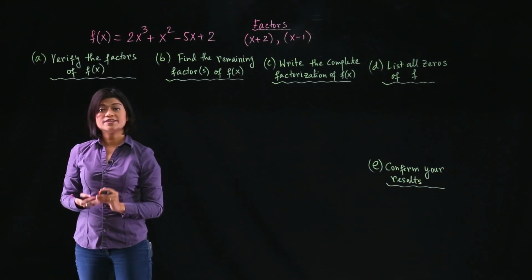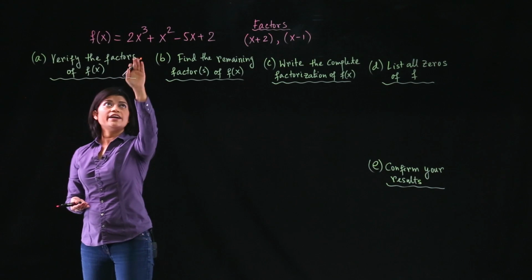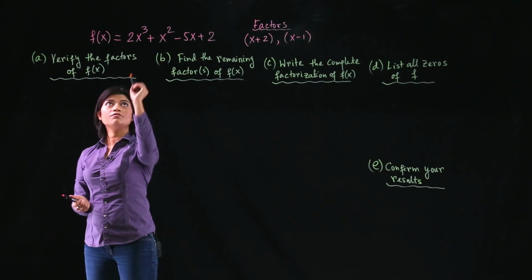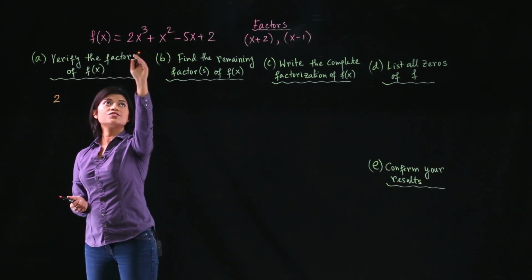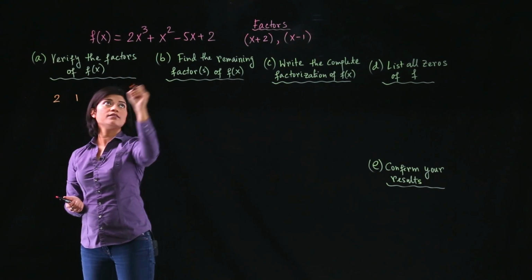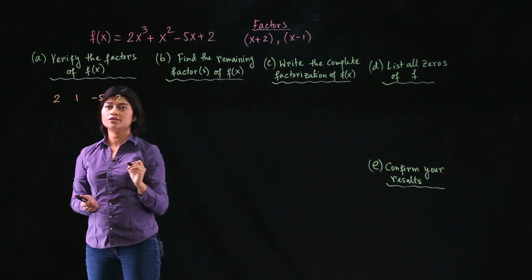We can use synthetic division and easily verify. So let's write down the coefficients of the function: 2 for x cubed, 1 for x squared, negative 5 for x, and 2 for the constant term.